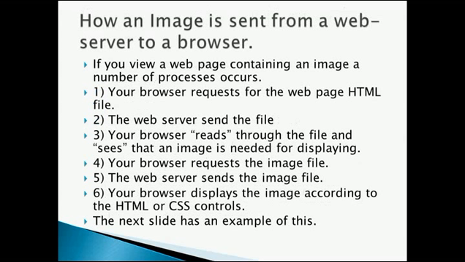Now, we did cover this before, how an HTML page gets its information, and we'll just revise that a little bit. Your browser will send a request for the HTML file. The web server, in response to that, will send a file.